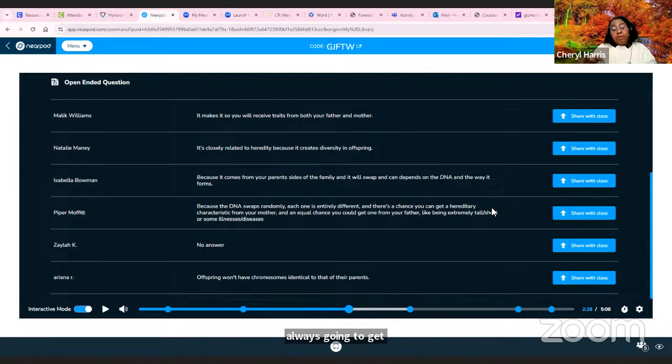What's going to happen is you're not going to be identical. It's like Ariana said, they will not be identical because we can shuffle it a little bit. And so then when we do the duplication, we're going to get a variation.